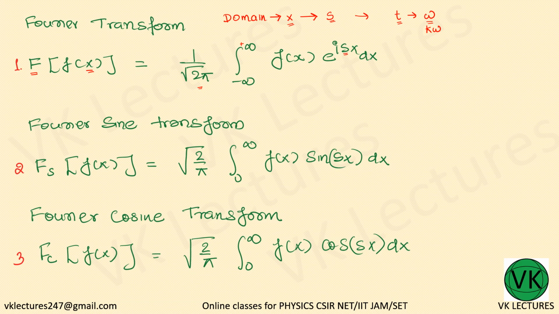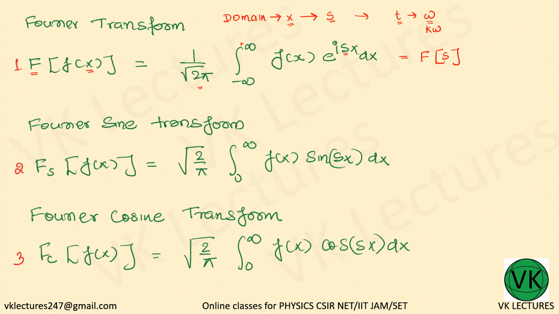This integral will transform the function f of x from the x domain to the s domain. So this becomes F of s, the Fourier transform in s. So it will be a function of s.